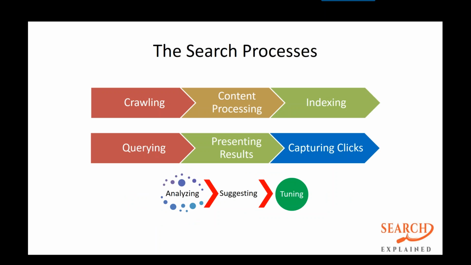So first of all, let me start with the three most important processes in search. The first process is crawling, content processing, and indexing, and it's a very, very important process, if not the most important one, because this is the one which is responsible to put the content into the search index.